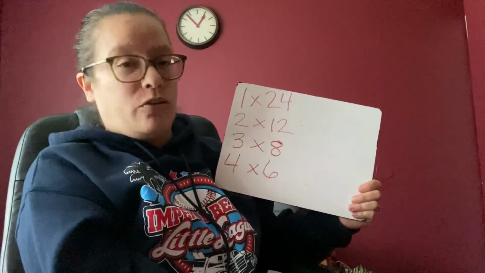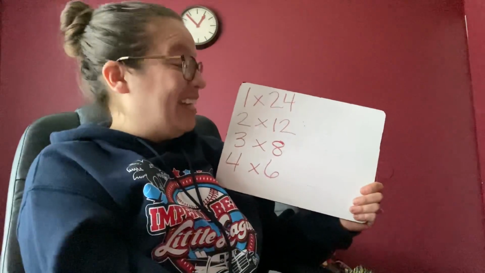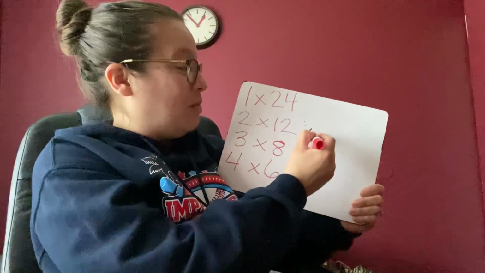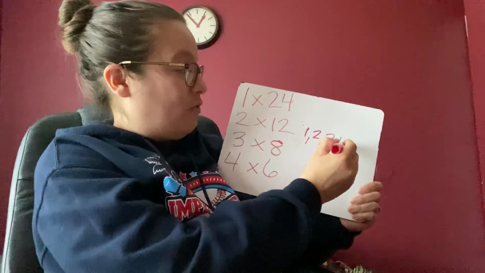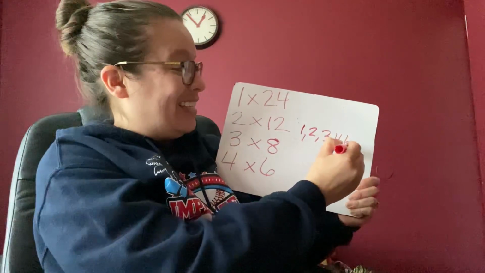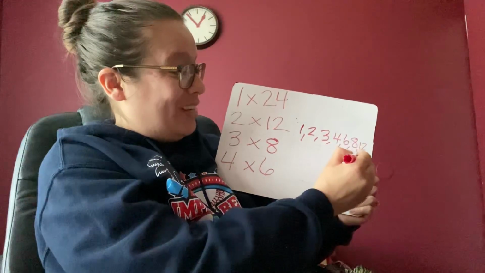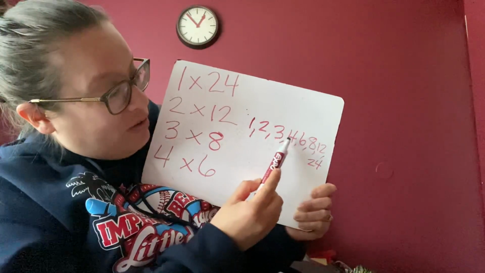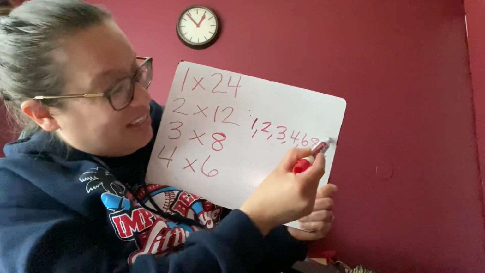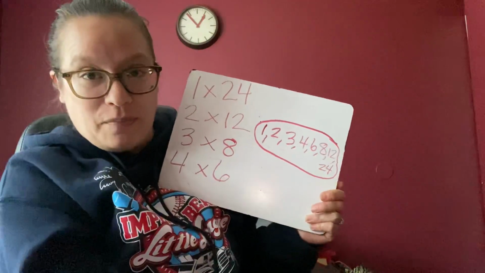If we went on, there are no more factors. So, does 24 have a lot of factors? It does. 24 has 1, 2, 3, 4, 6, 8, 12, and 24. These are the factors of 24.